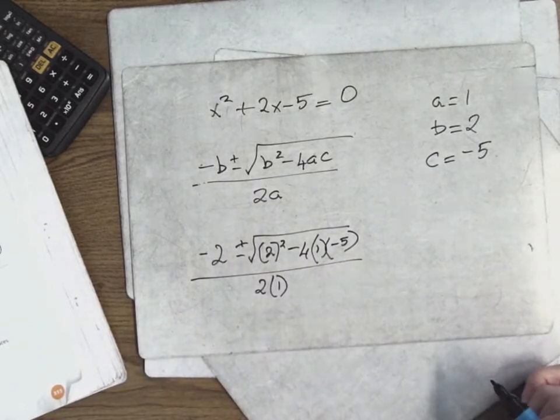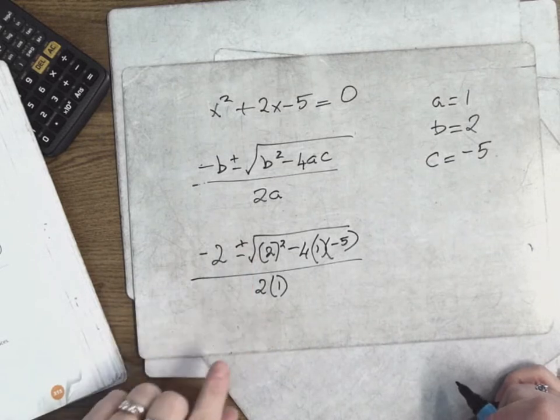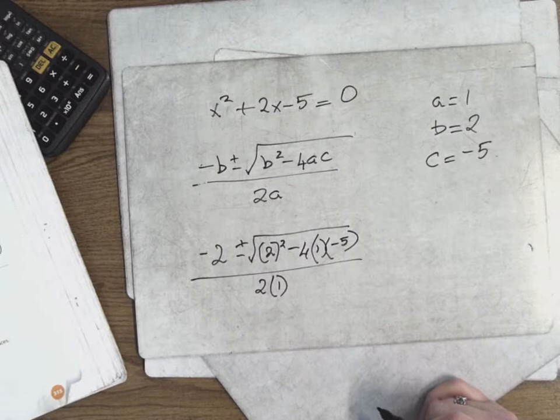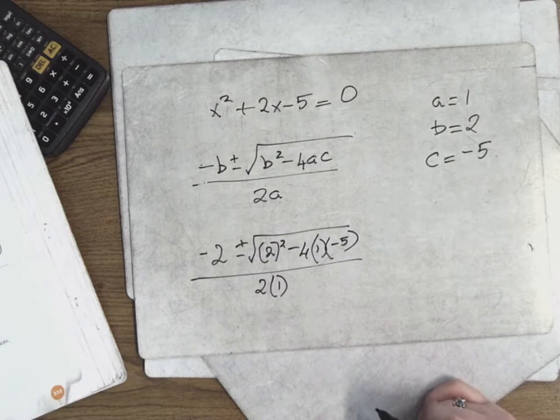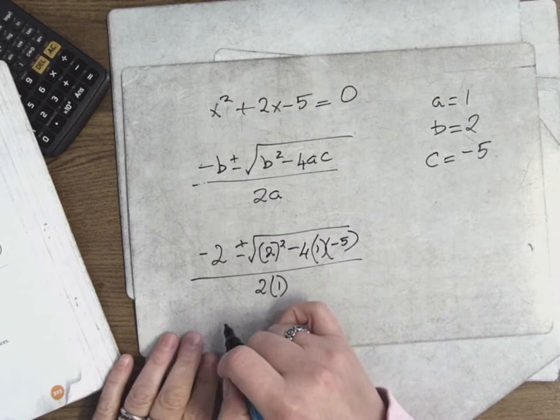Then you go to your calculator and you put in a plus. That's 4 plus 20, the square root of 24, which would be 2 root 6. So 2 root 6 over 2 gives minus 1 plus root 6.